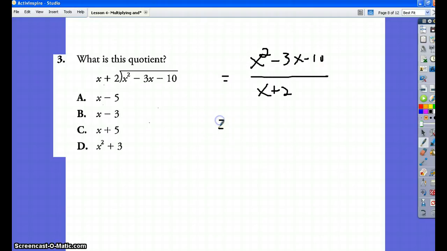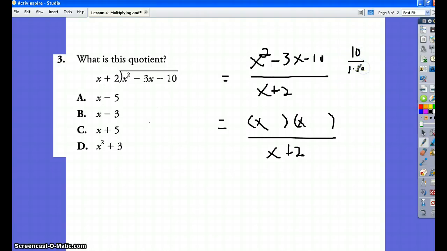So if we're to factor the top, I'm going to set up my 2 parentheses. Remember, for factoring, this is going to be x, this is going to be x. The factors of 10 are, what, 5 and 2. We're looking for factors of 10: 1 times 10, 2 times 5.